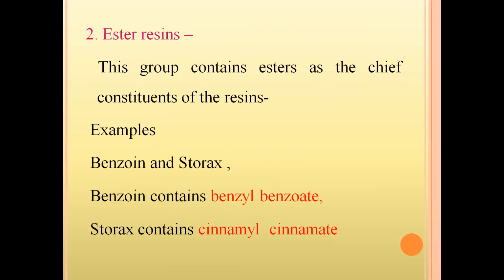Next category is ester resins. This group contains esters as the chief constituent of the resins, as their name suggests. Examples, benzoin and storax. Benzoin contains benzyl benzoate, and storax contains cinnamyl cinnamate. They contain the ester group.